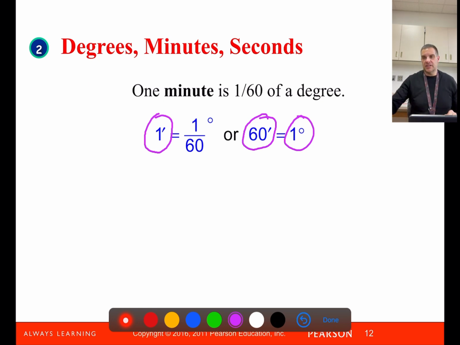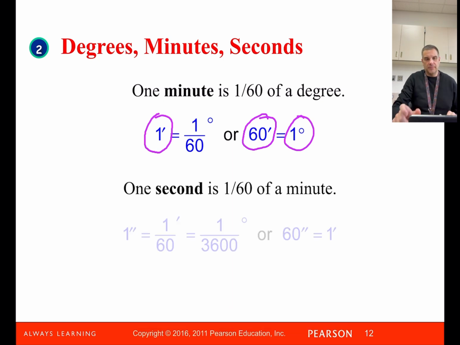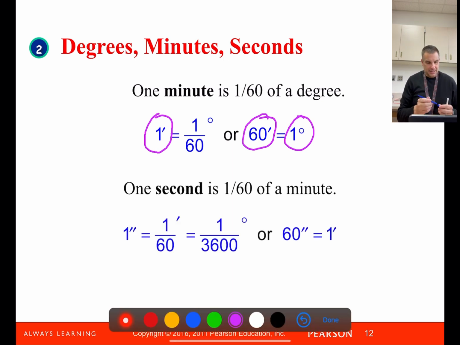You're going to want to have this conversion down, because a lot of what we're going to do is conversions with this. So 1 minute is 1/60th of a degree, and 60 minutes is equal to 1 degree. 1 second, the two marks, means second. 1 second is 1/60th of a minute, which is 1/3600th of a degree.